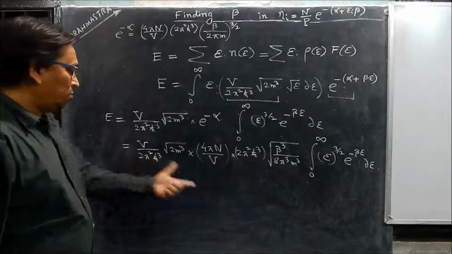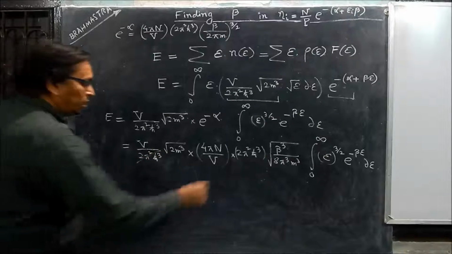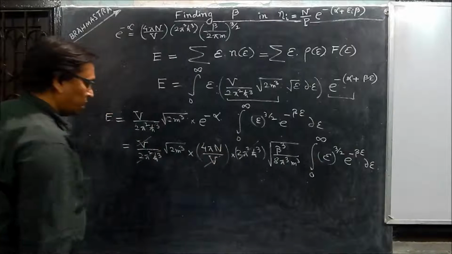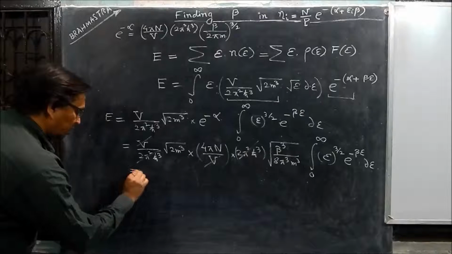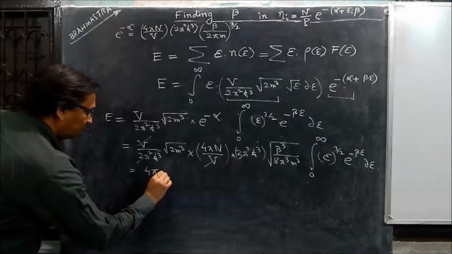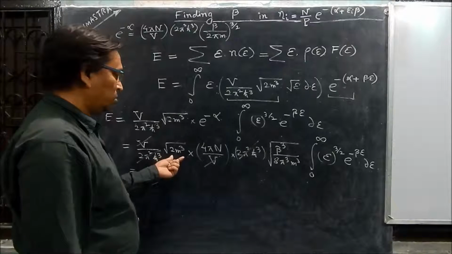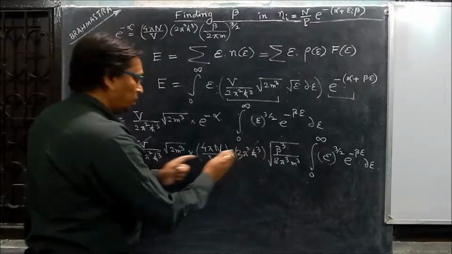Now let us see what things are cancelled. This thing and this thing are cancelled. This volume parameter is also cancelled. So we are getting 4 pi n. Take this out, 4 pi n. This is also under the root, and this is also under the root, so we will make the total under the root.